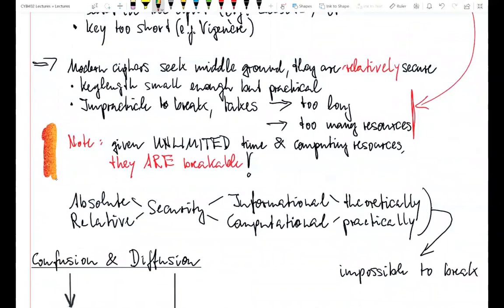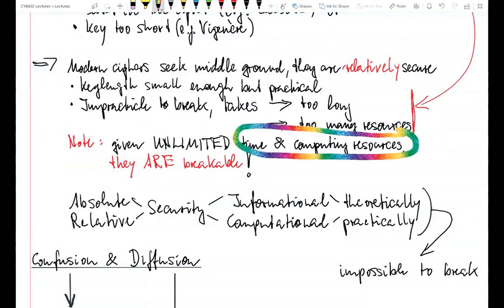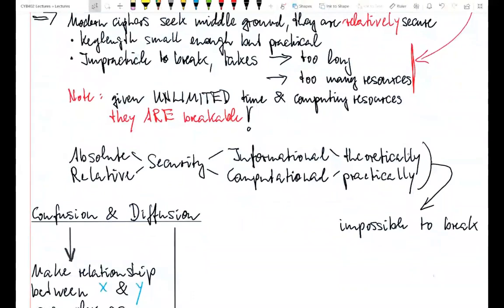They are not absolutely secure. They are only relatively secure. So given unlimited time and computing resources, modern ciphers are breakable. But this assumption that we have unlimited time and computing resources is not realistic. Okay, so that's very important and interesting at the same time.